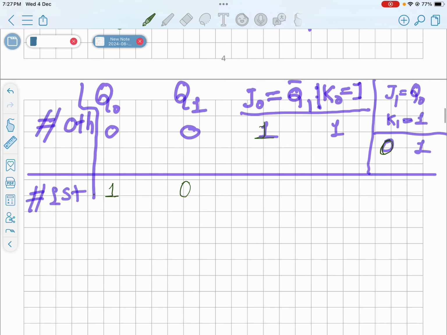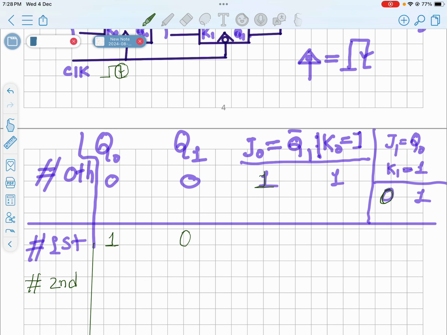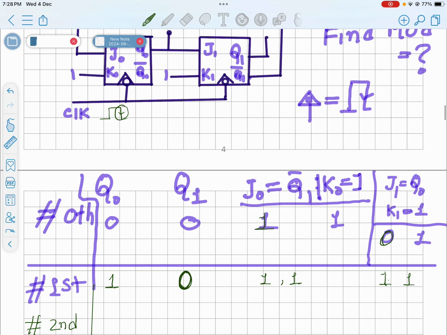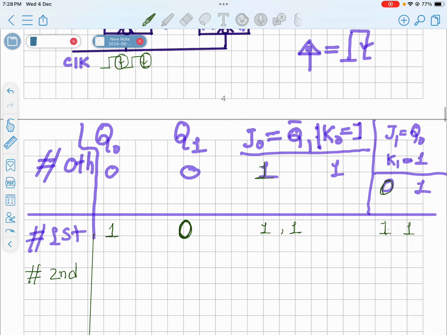After the second clock pulse, what will happen? First let us find the inputs. J0 is Q1 bar, that means 1, as Q1 is 0 here. K0 is 1. Now Q0 is 1, so J1 is 1 and K1 is 1. The same clock pulse will come, then the flip-flops will be activated.